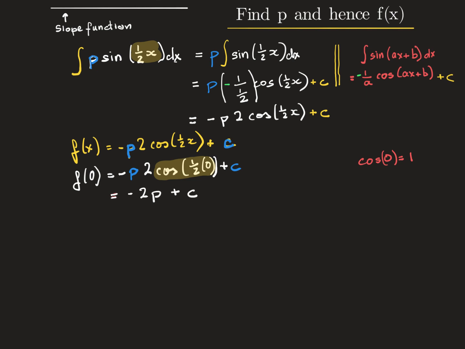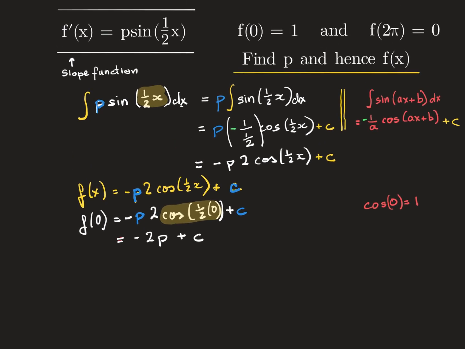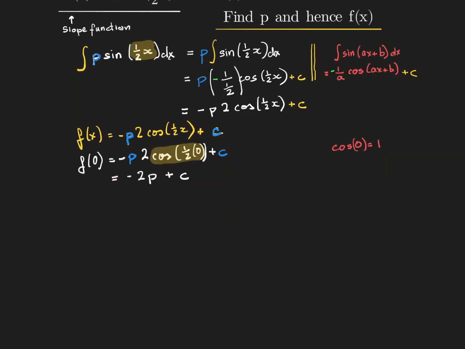That is equal to 1, as it stated above there, for f(0) is equal to 1. We were given that information up here. And therefore minus 2p plus c is equal to 1. And this can be our first equation. We'll call it number 1.